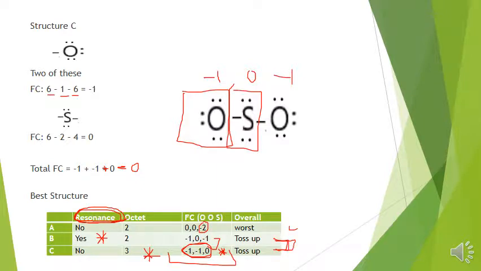So number 1 is the worst because it doesn't have resonance, it has only 2 octets, and it puts a negative charge on the most electropositive atom, the sulfur. And then it's between B and C. What makes B good is a resonance structure. What makes C good is the number of octets and how the negative charge is distributed. The negative charge is distributed on the electronegative atoms.